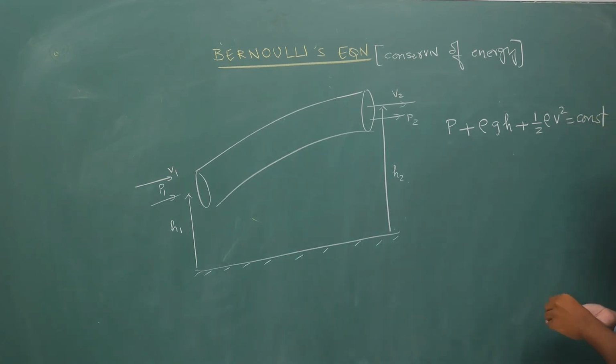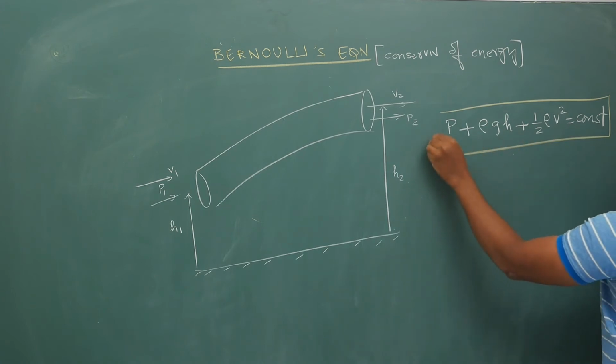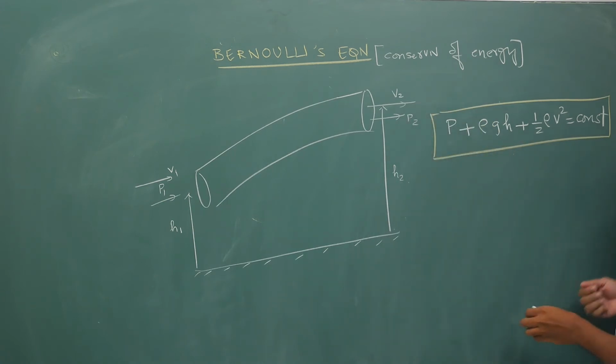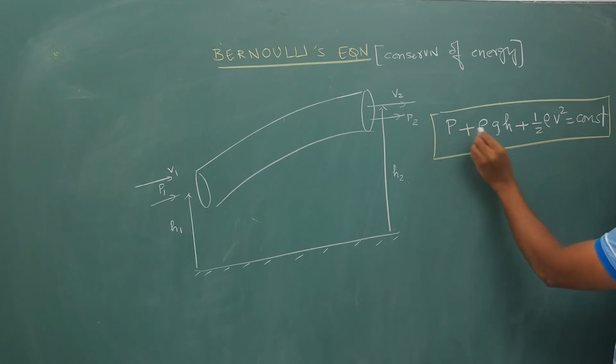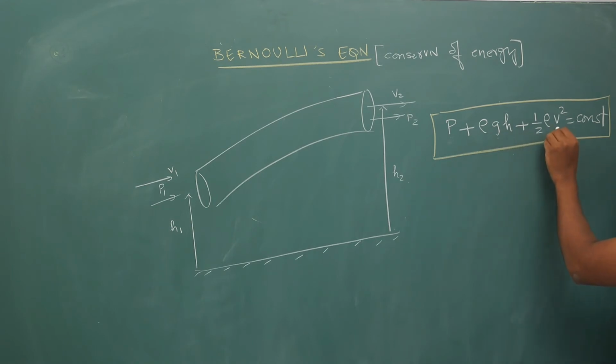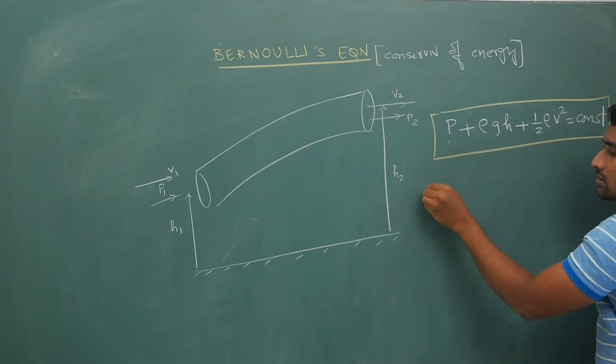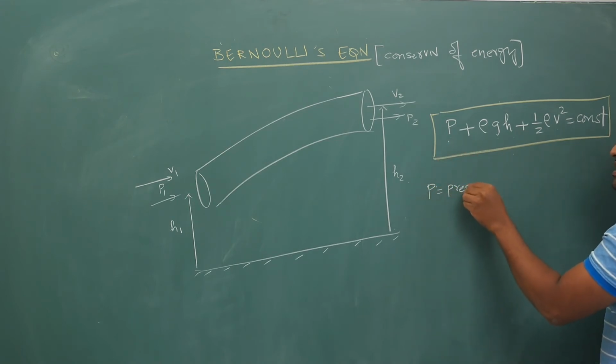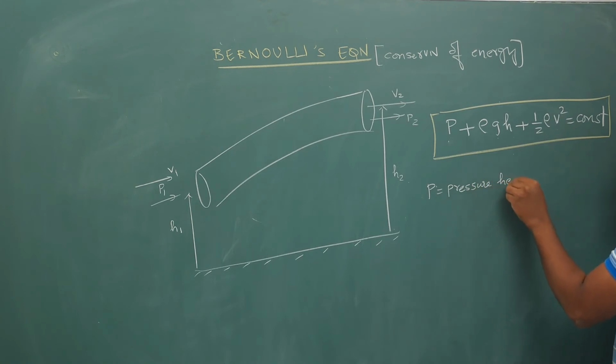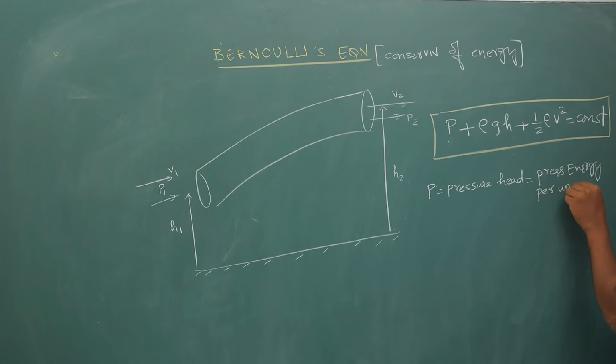So what is its meaning, I will elaborate, don't worry. This P is pressure, rho is density, g is acceleration due to gravity, h is height from the ground, and v is the speed. Now here P is called pressure head, or pressure energy per unit volume.